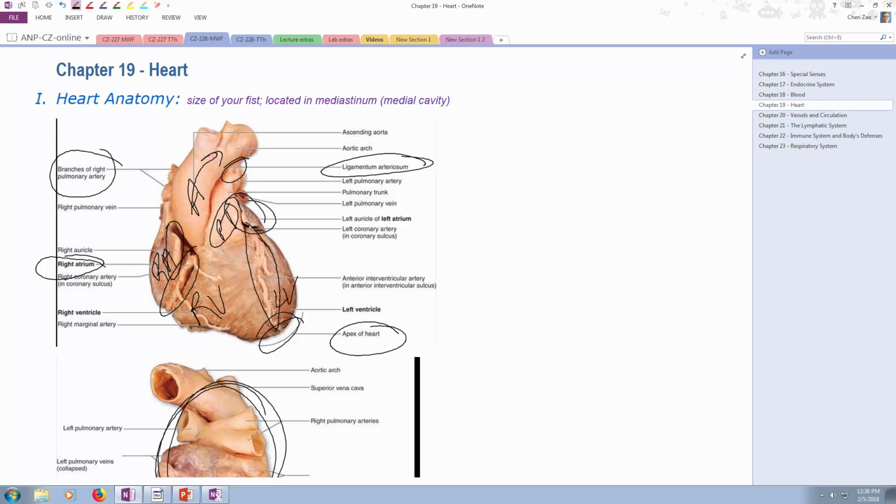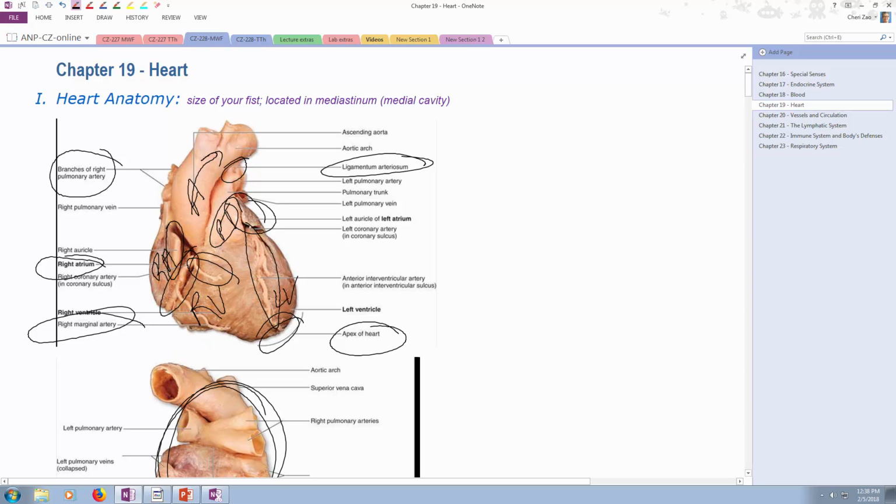Let's see, anything else? Oh, marginal artery. Why do you suppose they call it the right marginal artery? Isn't that a margin of the heart as you're taking a look at that? Isn't that the anterior inferior margin of the heart? And what ventricle is that? Right. So that's why it's actually called right marginal artery. If you actually wanted to give this guy a name, what would be a reasonable name to give him?